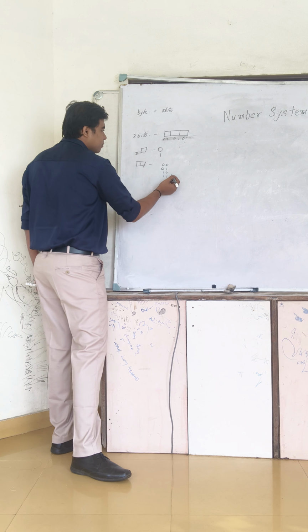So you can see, right? If I only have one cell, I can store 2 to the power 1, which is equal to 2 numbers. If I have 2 cells, I can store 2 to the power 2, which is equal to 4.